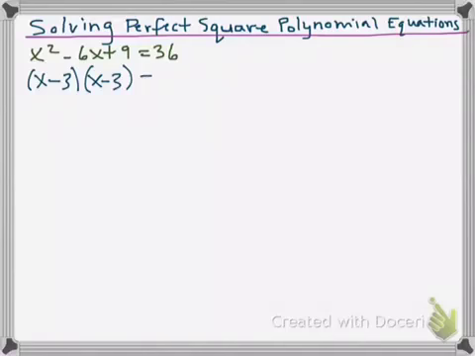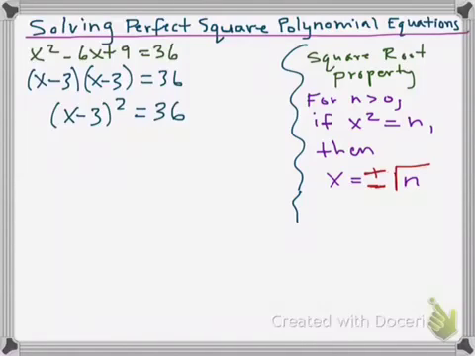Well, I remember that if I have a binomial times a binomial that's itself, then I can write it as a single binomial squared, raised to the power 2. And then we can introduce what's called the square root property.